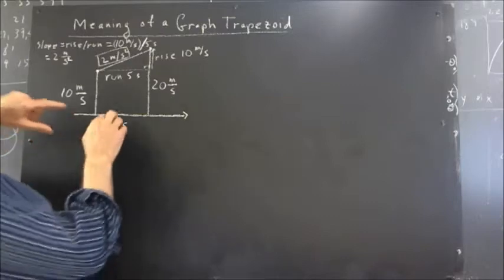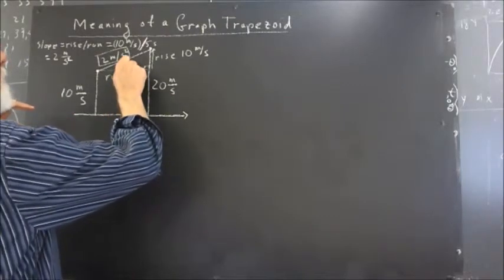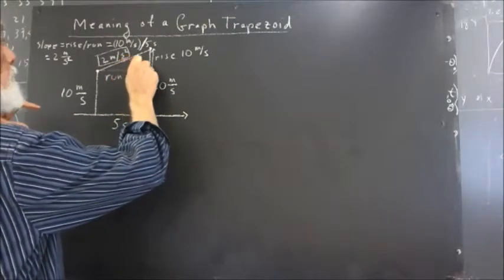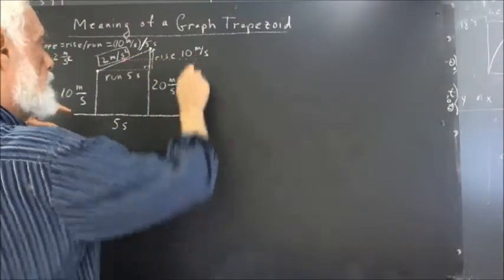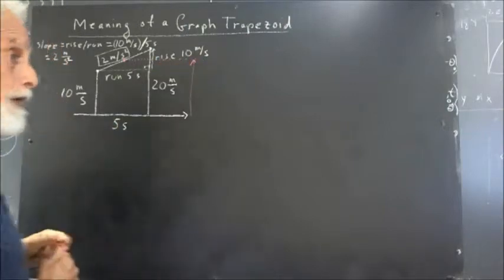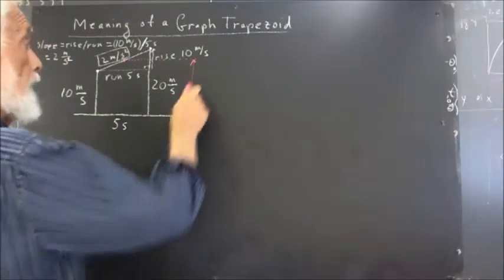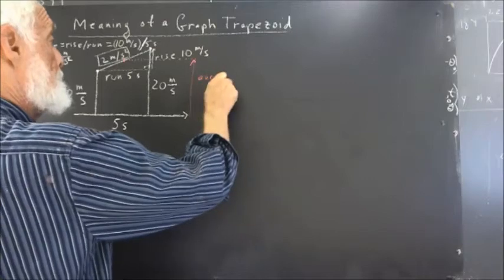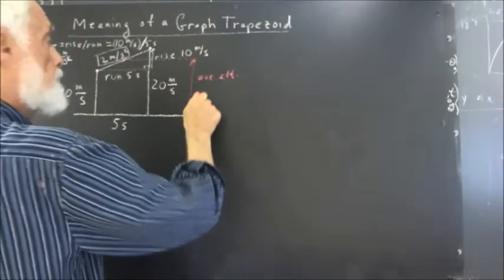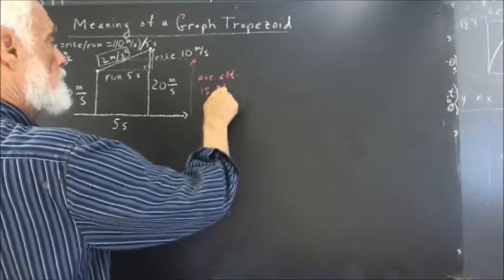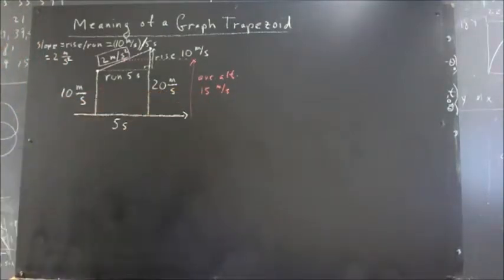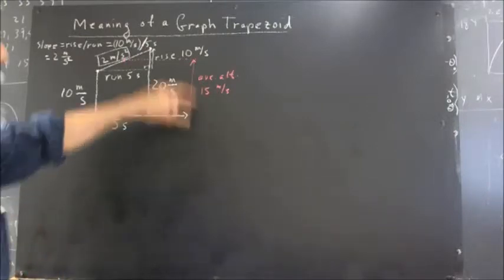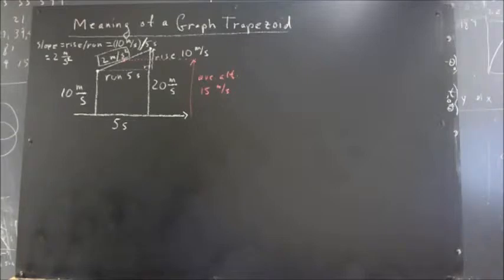Now for the average altitude, I'll take my midpoint and draw a little line over here, and a vertical arrow, to indicate that the average altitude is clearly 15 meters per second. If you can't look at 10 and 20 and see that the average is 15, you need to put away your calculator for about 5 years. There's your average altitude, 15 meters per second.